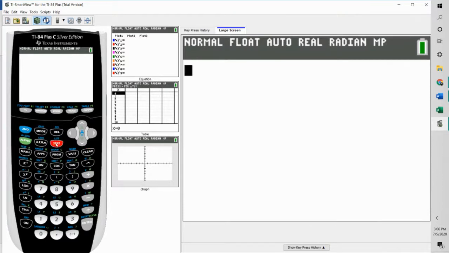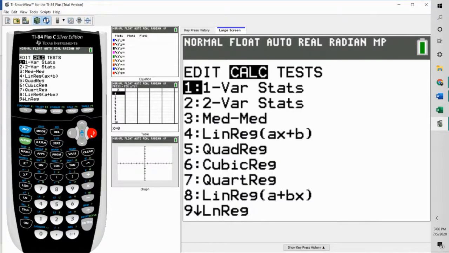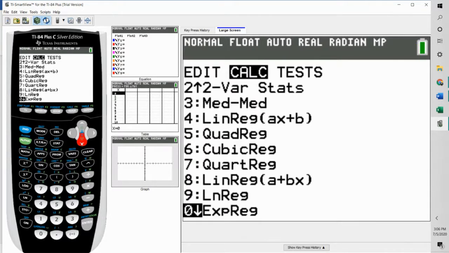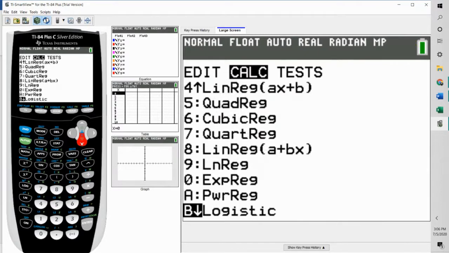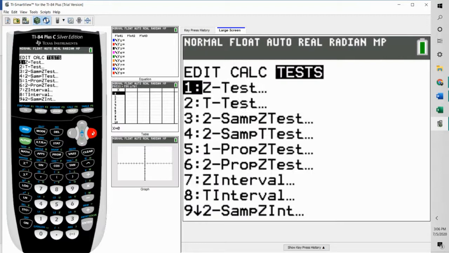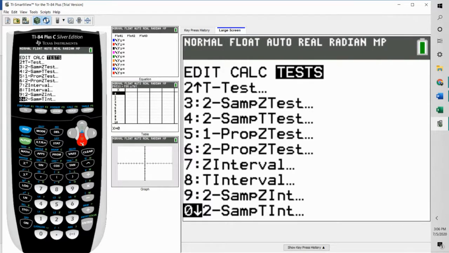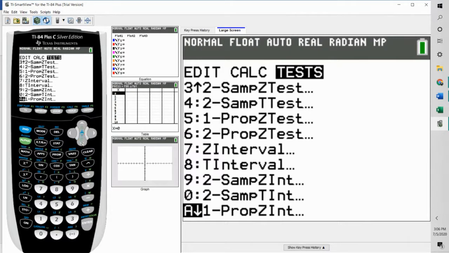So we go into stats, over to test, but now our interval is a proportion, which I need to go over one more. It's in tests. I said test, but I didn't go over far enough. But proportions is in the next group, so you have to go down. I think it's A, but I can't remember.